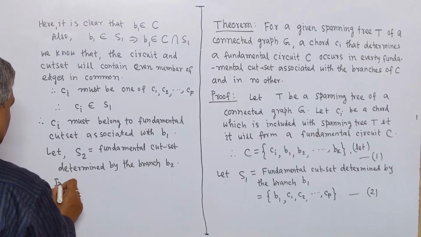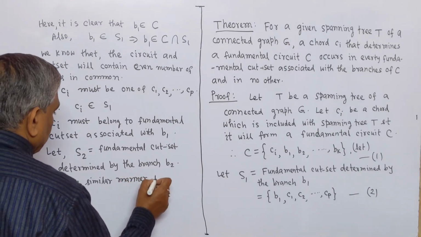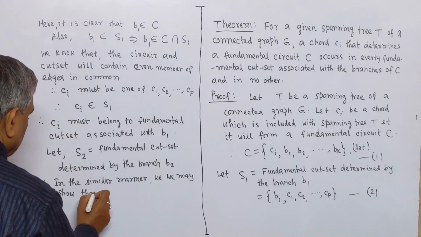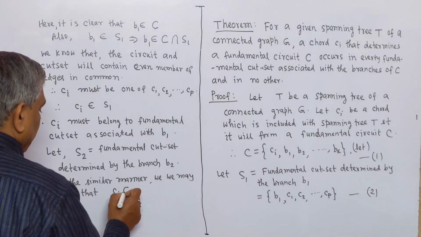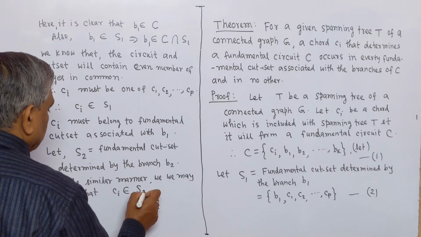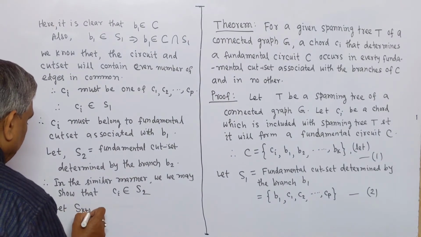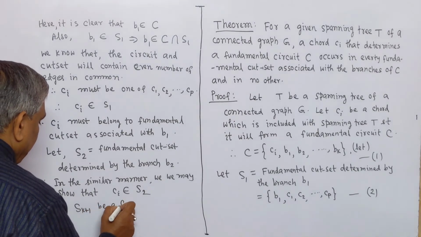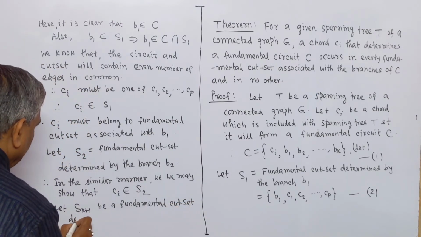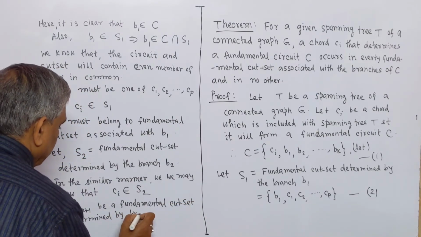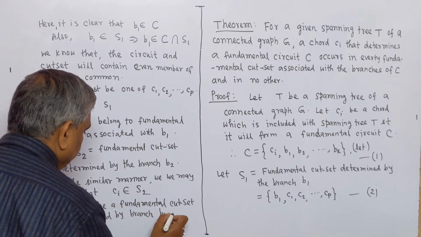Therefore, in a similar manner, we may show that chord Ci must belong to S2. Let capital Sk plus 1 be a fundamental cut set determined by branch small b k plus 1.